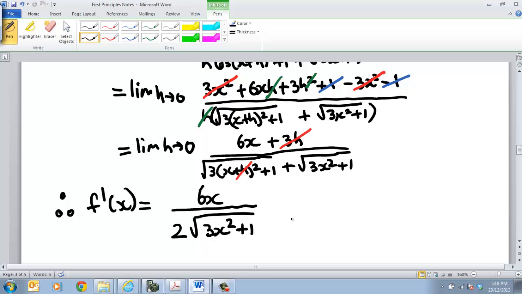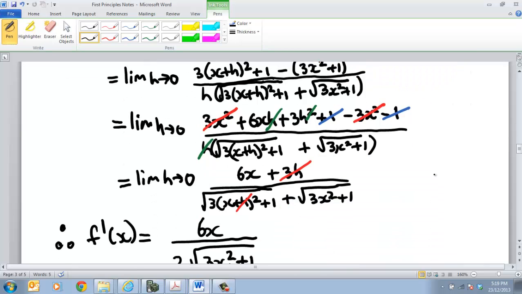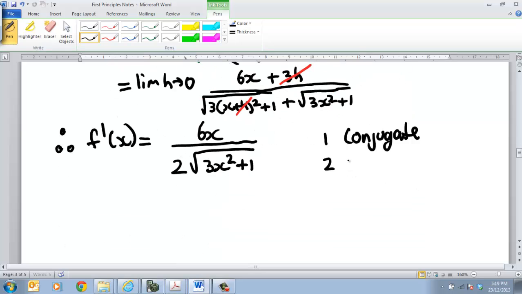So, you know, it's a process. So once you learn the process and you know what you're doing, you should be able to get it done. So the steps again that we have to go through. Alright, so the first step is you need to do the conjugate. Second step is to expand and collect like terms.